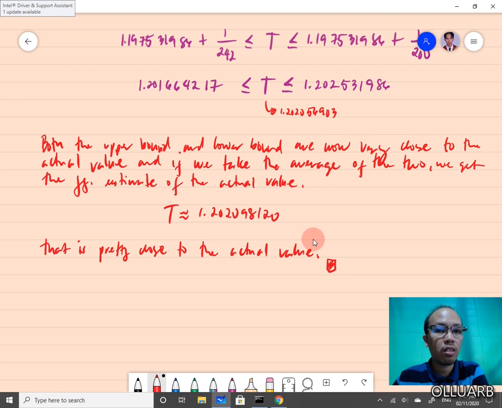It depends upon the value of n, or the n partial sum. So we have 1.2056 and here we have 1.202098120. This is pretty close to the actual value.